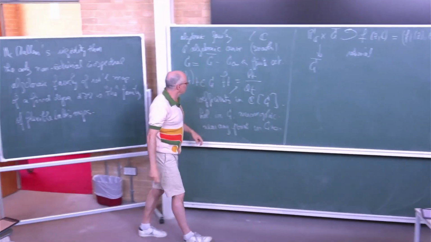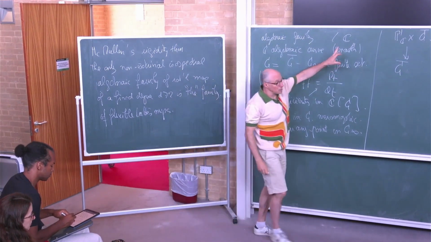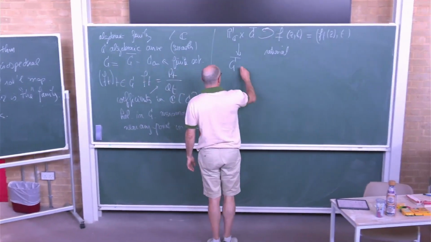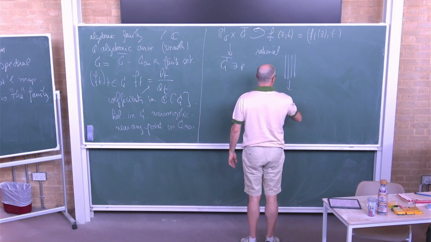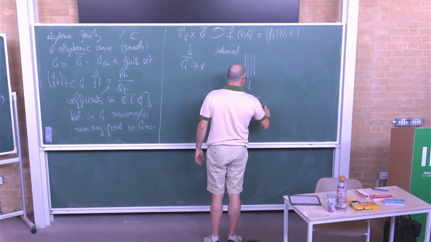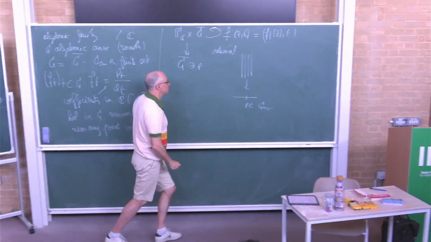Above points inside C infinity, the picture is like this. This is a purely local picture. Let's say P is in C infinity.